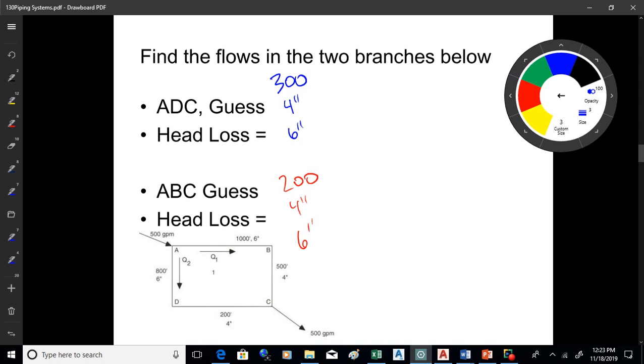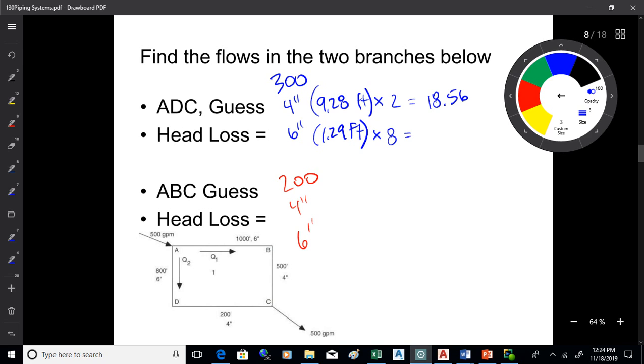So 9.28 and 1.29. It's 18.56. And what do we got there?